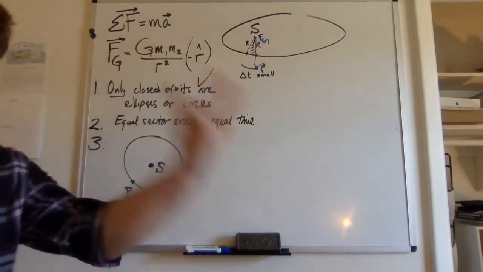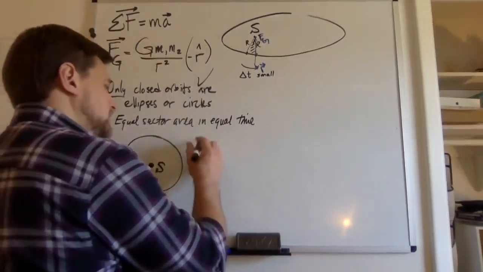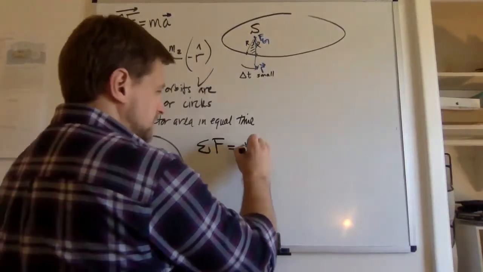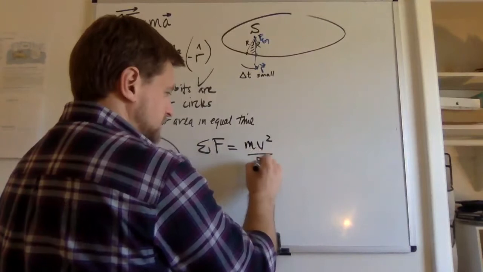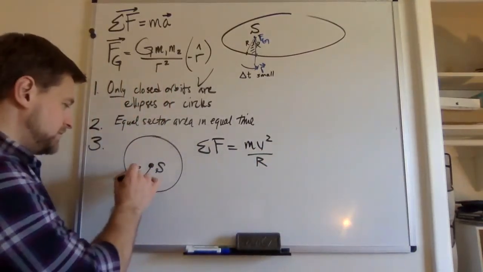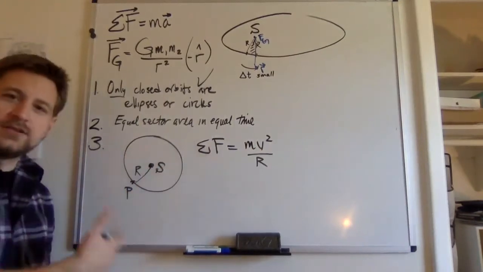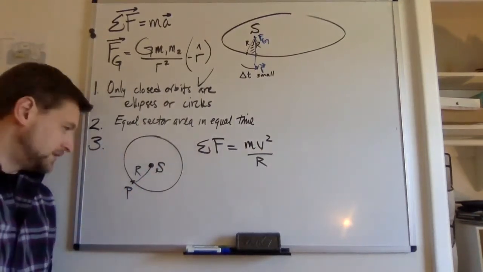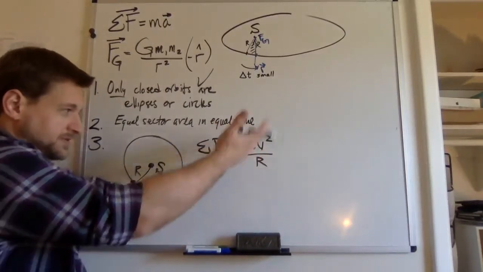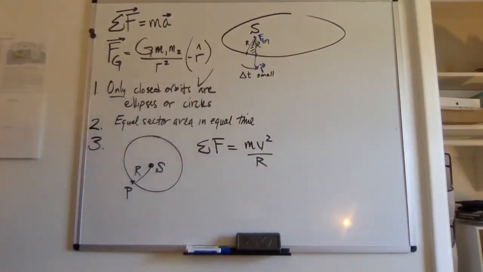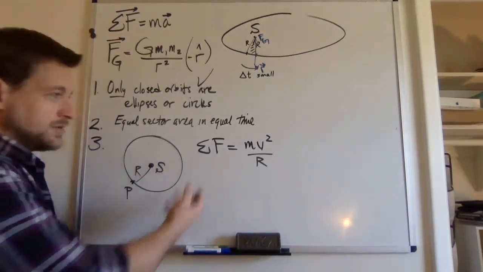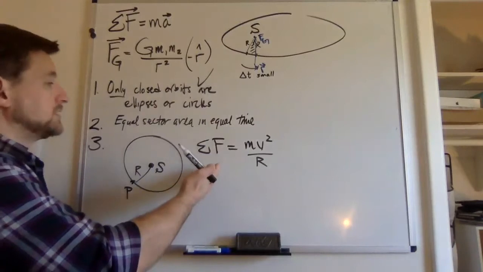But as soon as we say circular, we know that the sum of the forces on this planet needs to be the centripetal requirement. Got to be true. Otherwise it's not a uniform circular motion. The only force acting, and this again is Newton's law of motion, F equals ma, is gravity, so gravity must be doing the centripetal job.